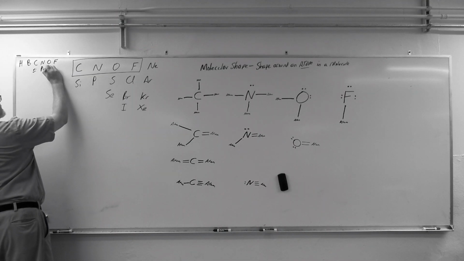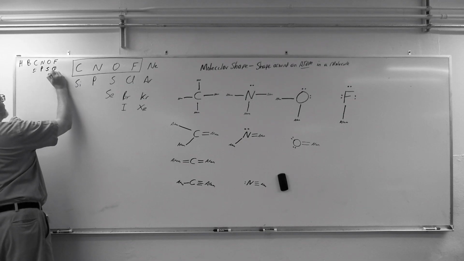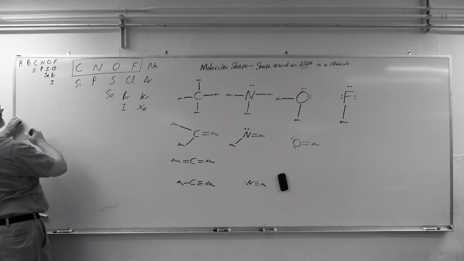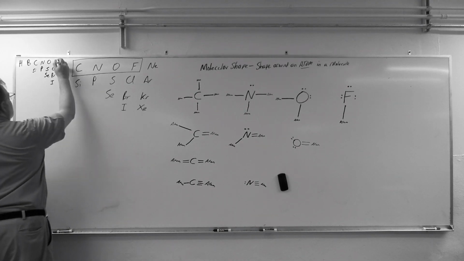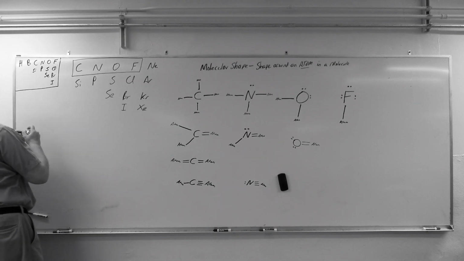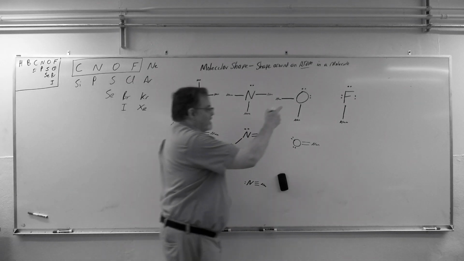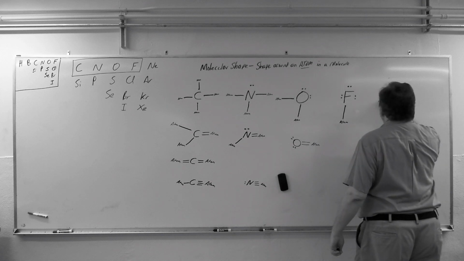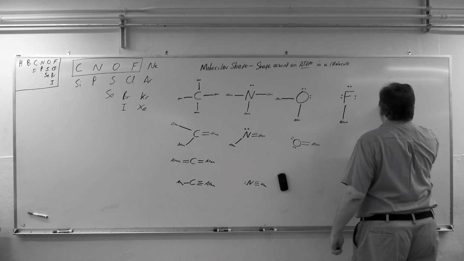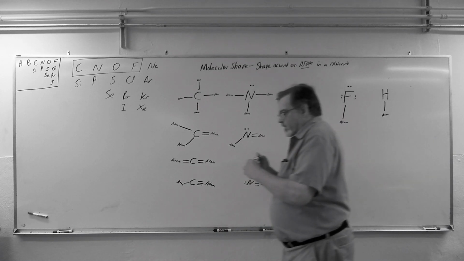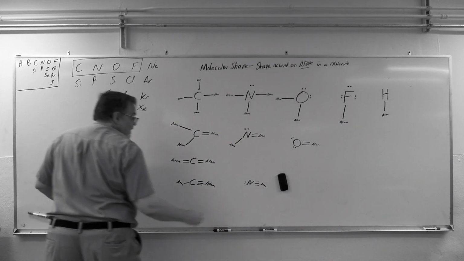Silicon, phosphorus, sulfur, chlorine, bromine, iodine, and I'll stick in selenium. Okay, so these are pretty much all the nonmetals. Hydrogen is like fluorine. It only makes one bond, but there are no pairs of electrons around it.